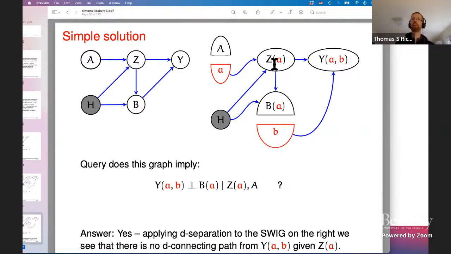There's this path and there's this path. On both of those paths, Z of A is a non-collider. So yes, Y of AB and B of A are d-separated given Z of A. We didn't actually have to condition on A. That's in there for historical reasons that I can go into, but you can see that we can easily read off from this graph that this independence holds.